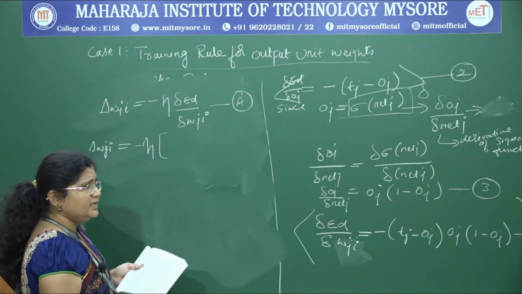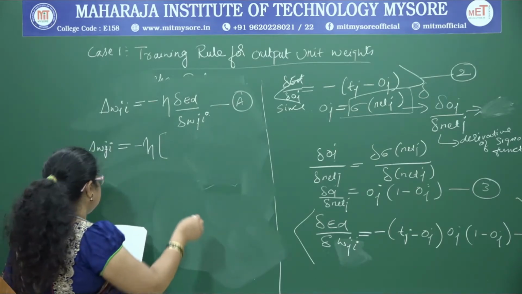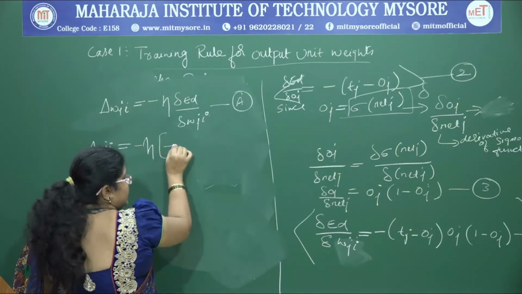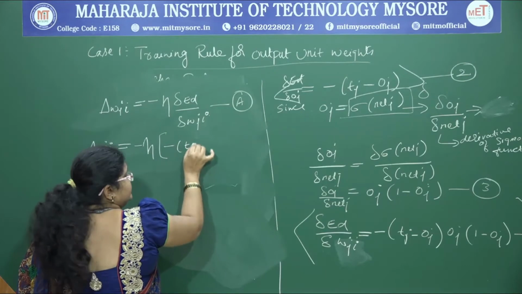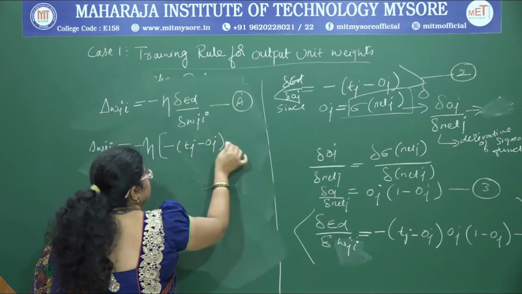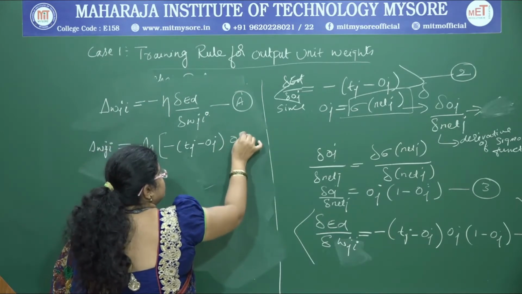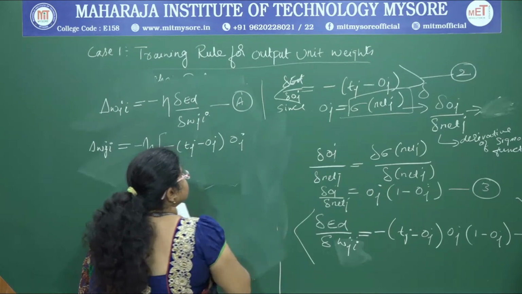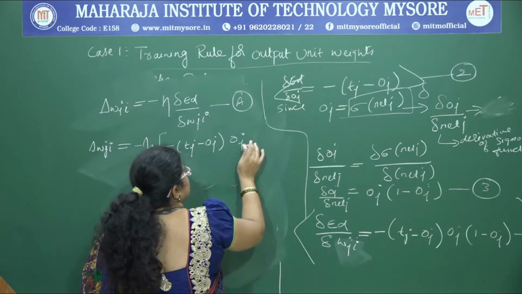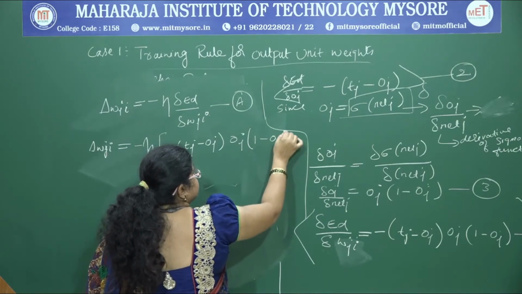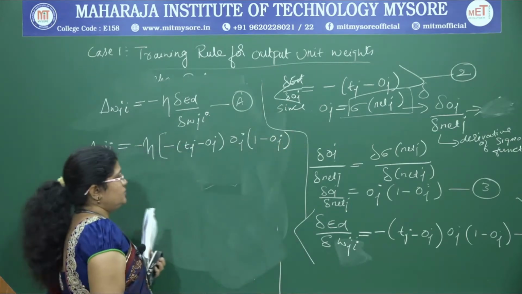Delta ED by delta Wji is indicated here, that is minus Tj minus Oj into Oj into 1 minus Oj.